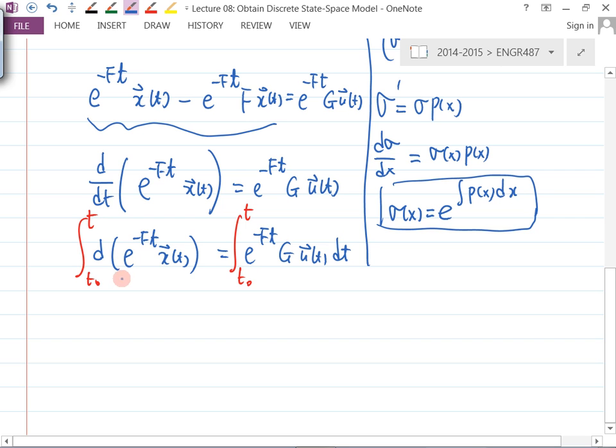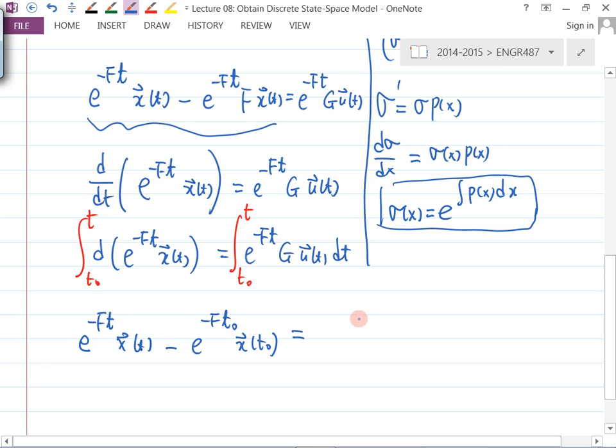What does the left side give us? This is just a d bracket here, so the integral of the left side is just whatever this is. This is the antiderivative, and then you substitute the limits into this antiderivative. So what do we get? We get e to the power of negative ft times x of t, and then minus e to the power of negative f t naught times x of t naught.